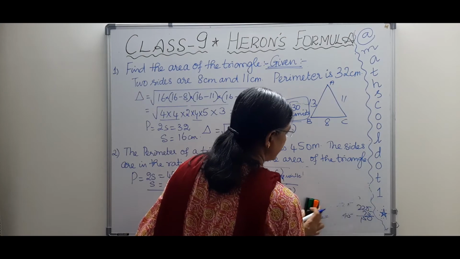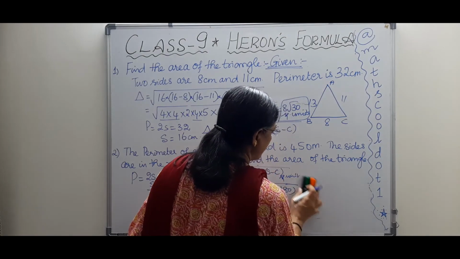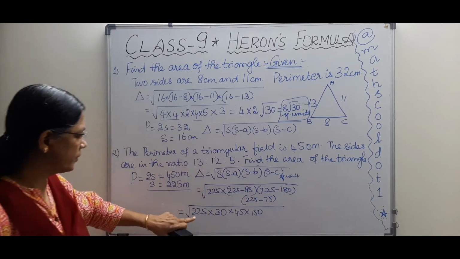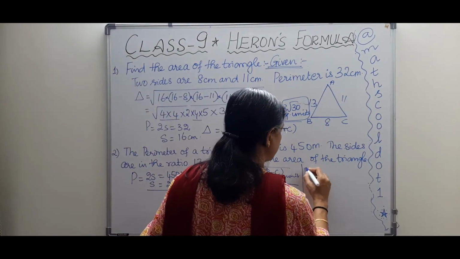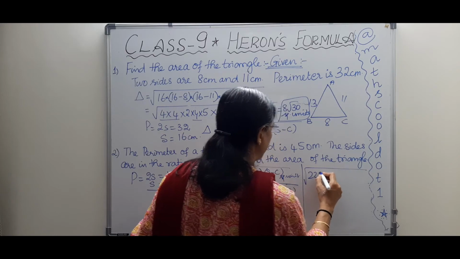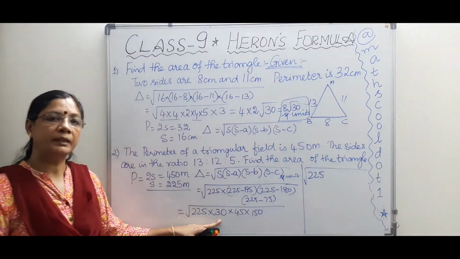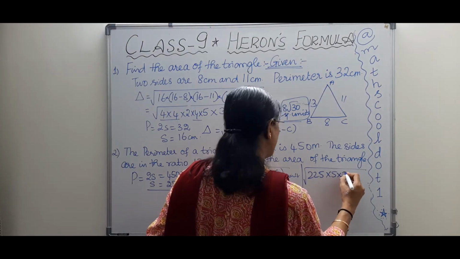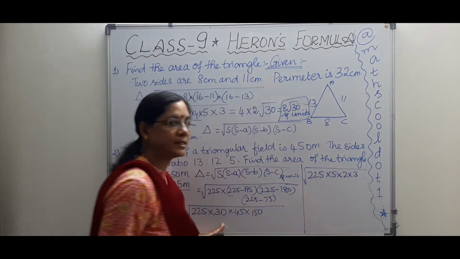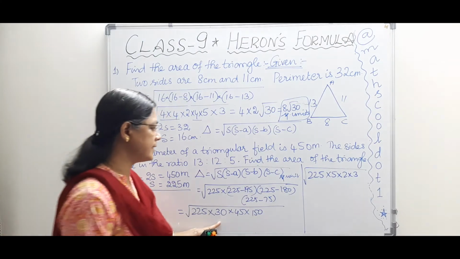Now let us see what is inside the square root. So we have 225 here. I keep 225 as it is. See, 30 I can write as 5 into 6, 5 sixes are 30, and 6 is 2 into 3.